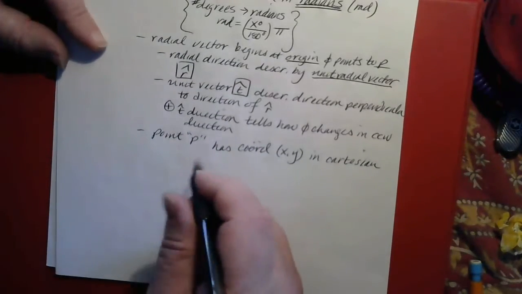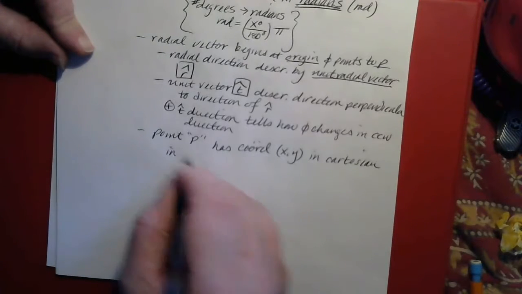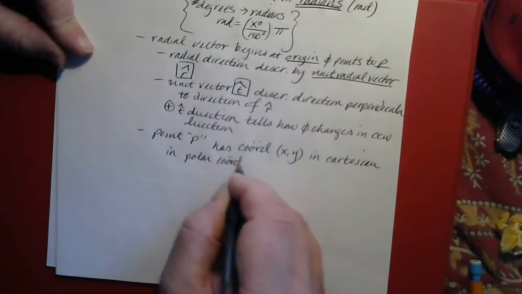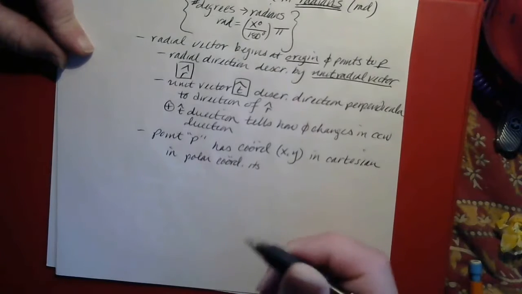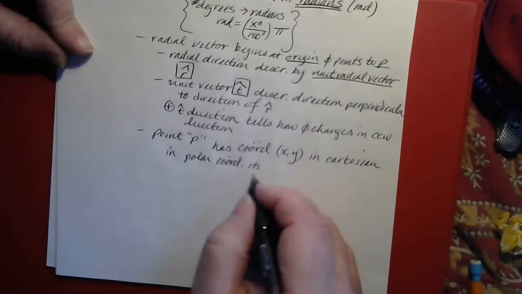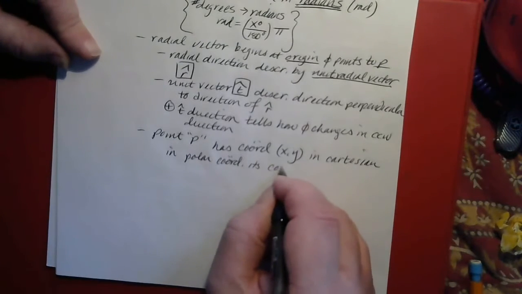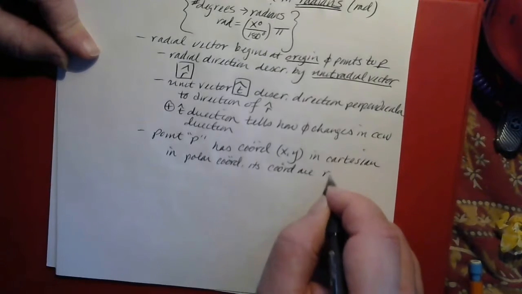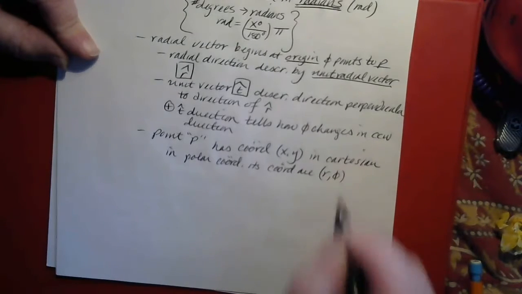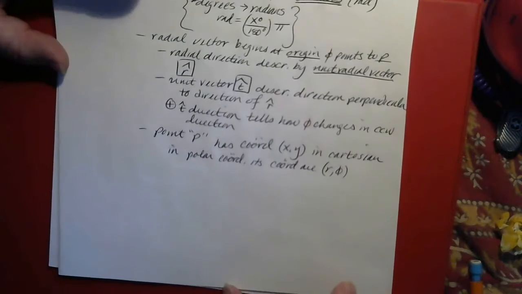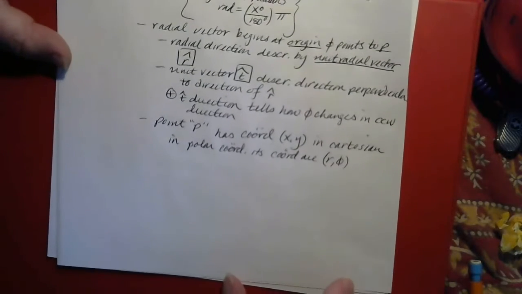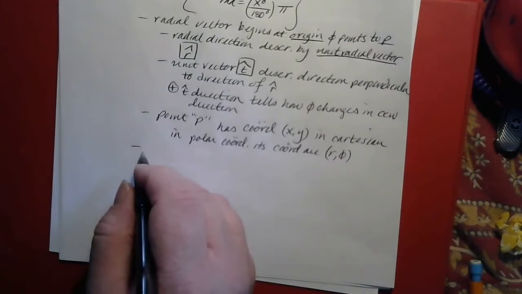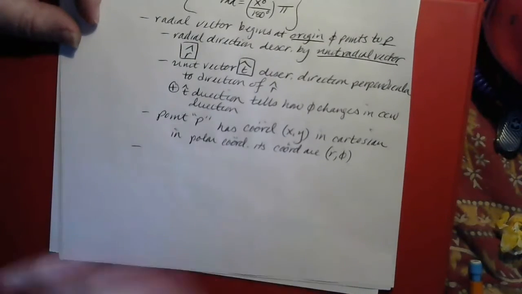And in polar coordinates, its coordinates would be r and phi. Okay, so you can find the x and y coordinates of a vector in the polar coordinate system.